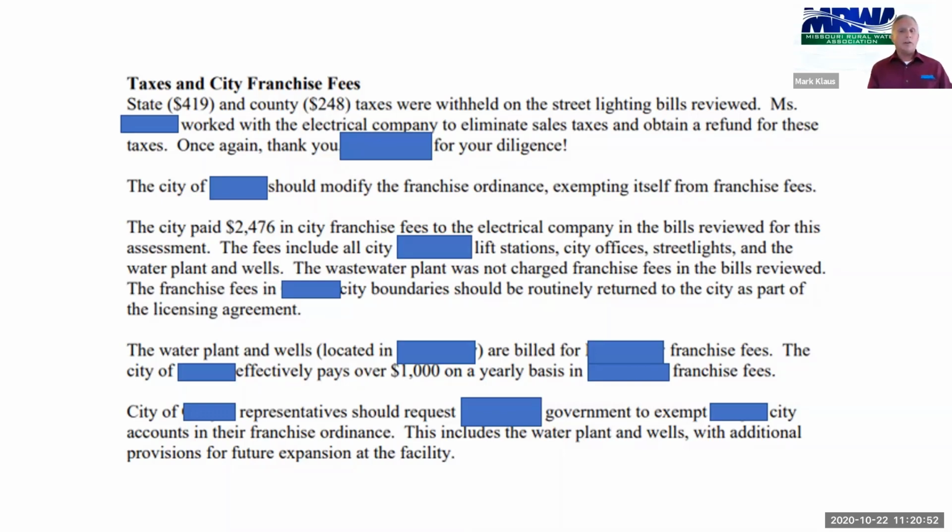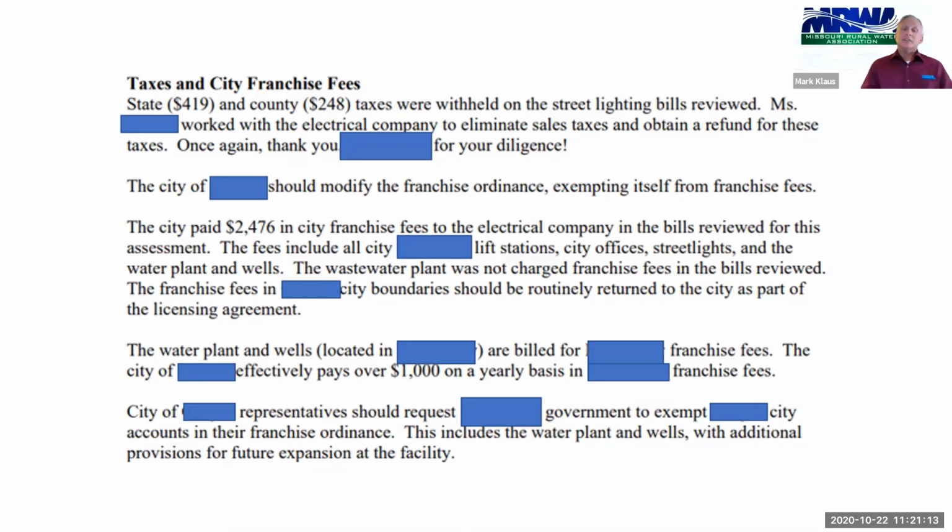And that includes all their lift stations, city offices, street lights, and the water plant and the wells. Their wastewater plant is out of town, outside of the city boundaries, so it's not charged a franchise tax. Those fees are routinely returned.